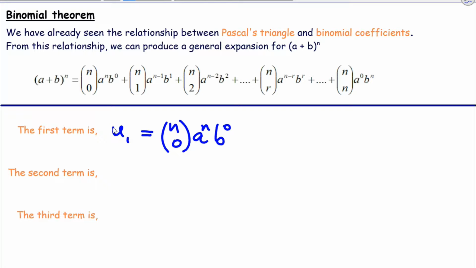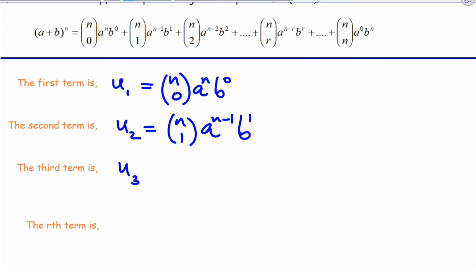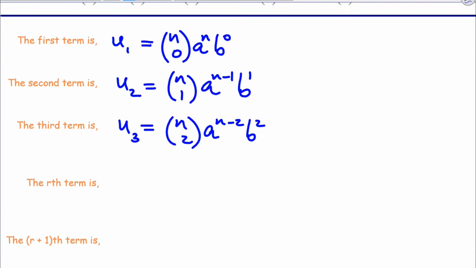The second term, u2, will be equal to nC1 a^(n-1) b^1. The third term, u3, is nC2 a^(n-2) b^2.